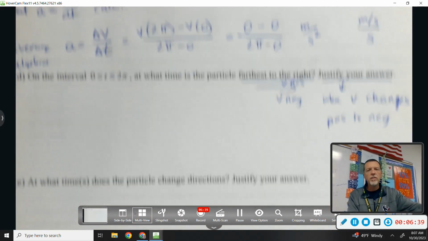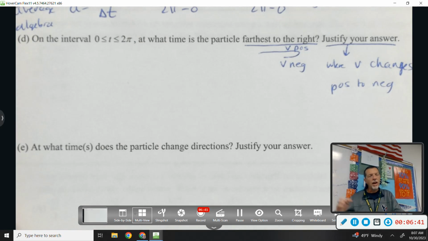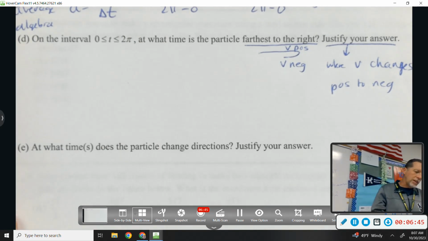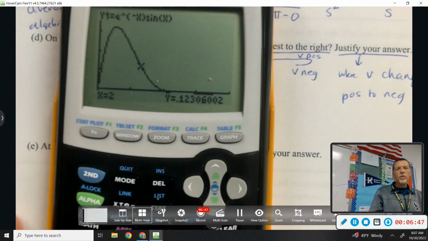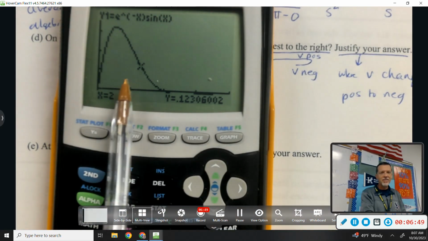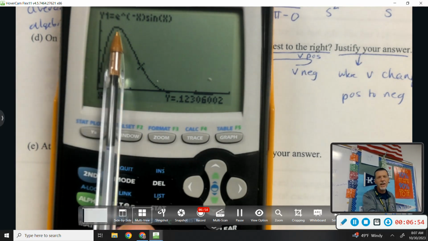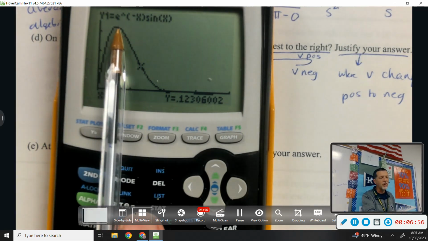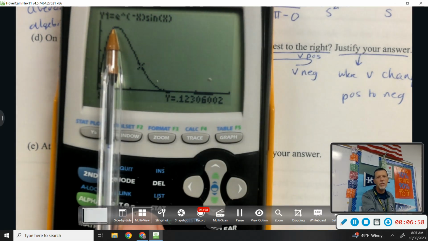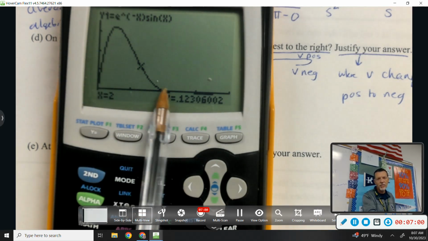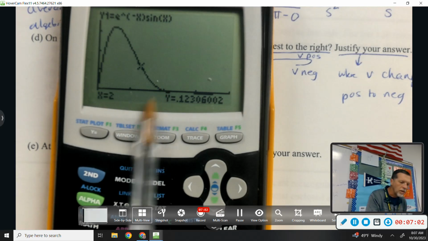V changes positive to negative because that's where it was going right, and then it changed to going left, so that would have been the farthest right spot. The picture is of velocity, so it changes positive to negative, not up there, that'd be where acceleration changes from positive to negative at that peak. But velocity changes positive to negative wherever that spot is.